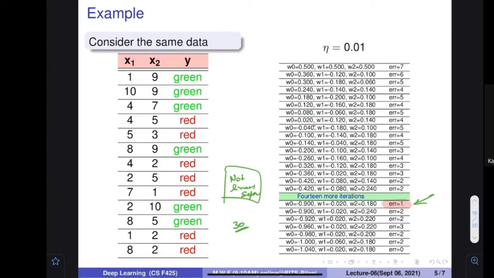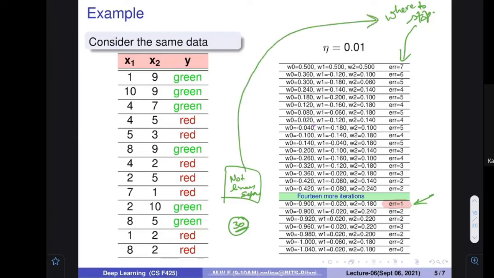But how do you know that you would be making errors on exactly 30 points? This you can only know if you have the parameters. So while training, you don't know where to stop for the cases when the data is not linearly separable.